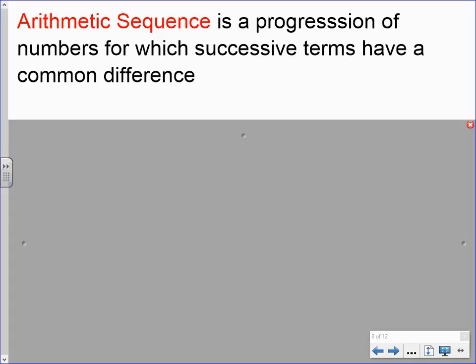That's another way of saying your sequence goes up by a number each time. And it's pronounced arithmetic sequence.